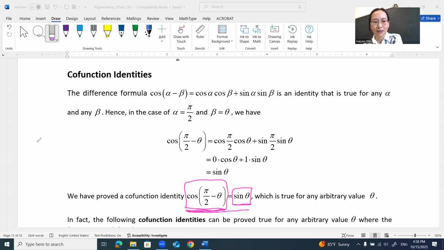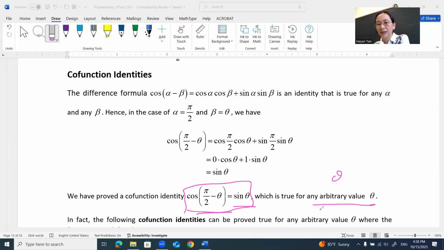When theta is an acute angle, we already verified this identity. But now we want to claim that this is true for any theta. Theta is an arbitrary angle. It doesn't have to be an acute angle. So this is a general statement.